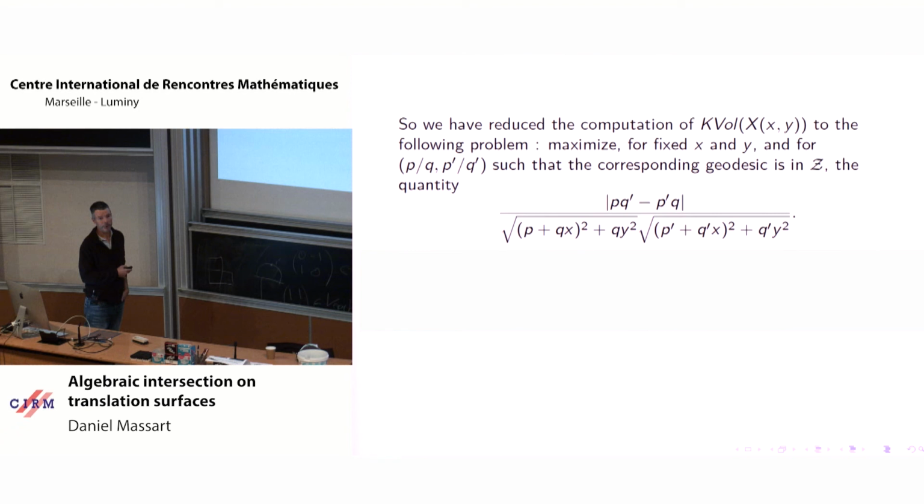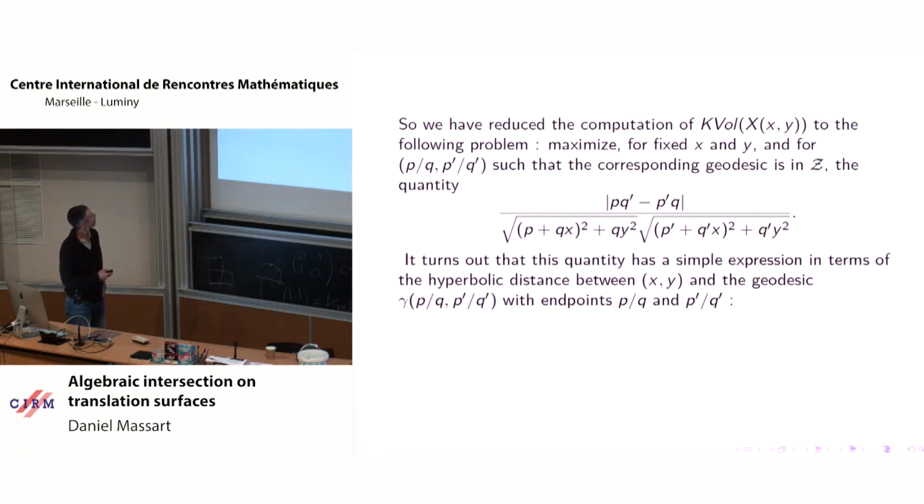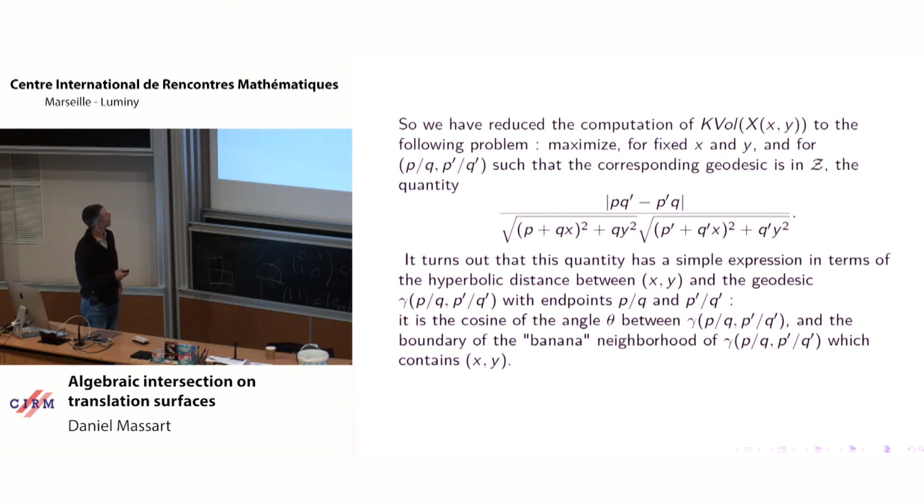Okay, but assuming we have done that, now all we have to do is find the minimum of this quantity. And this can be done by a geometric construction because this quantity is actually easy to see on a picture.